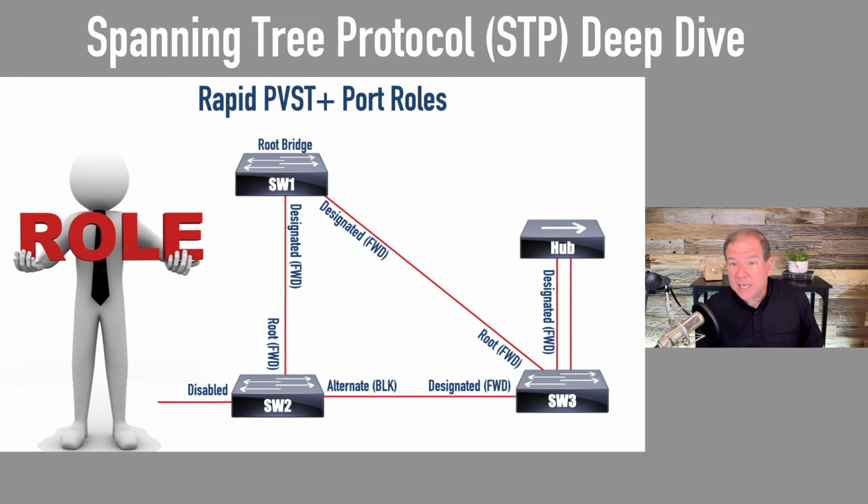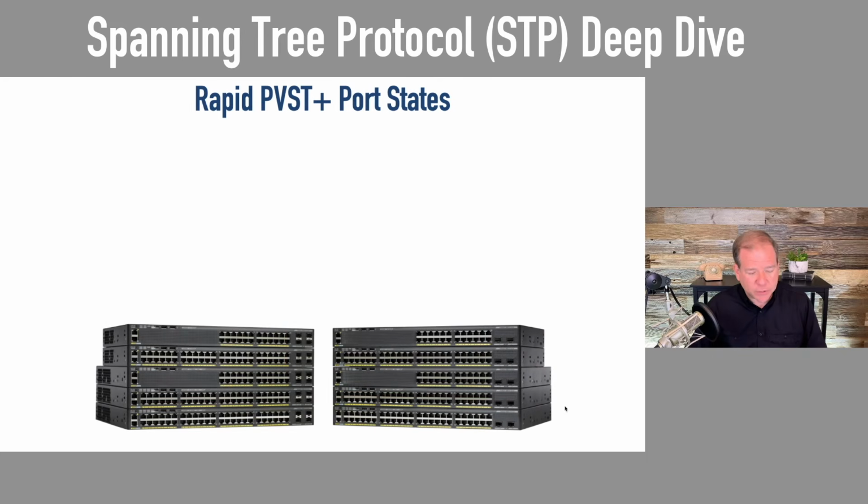No, that's one segment. If you're going through a hub, that entire loop is one segment. So that's also going to be blocking. But it's going to be a different kind of blocking. It's going to be called a backup port instead of an alternate port. So that's the subtle difference with rapid spanning tree versus our traditional spanning tree.